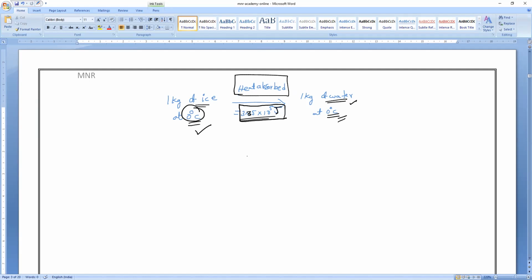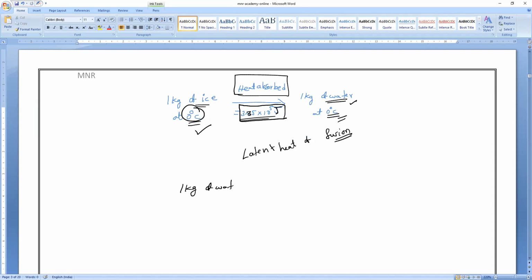So what do we call this, guys? Latent heat of fusion or latent heat of vaporization? Latent heat of fusion.